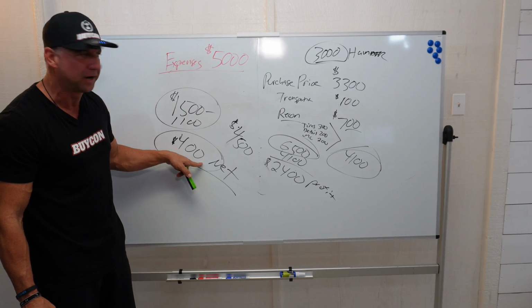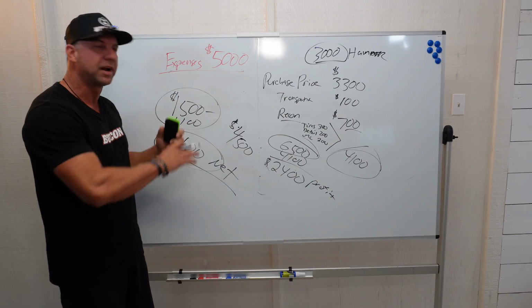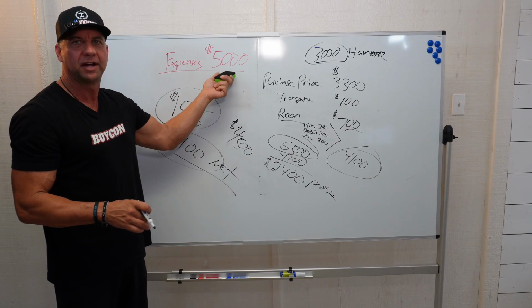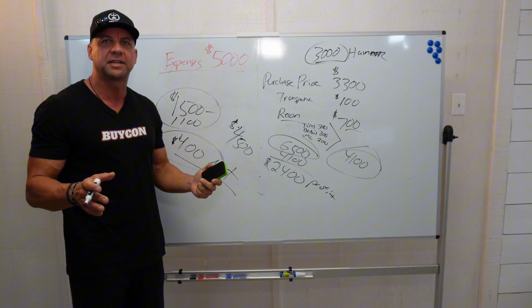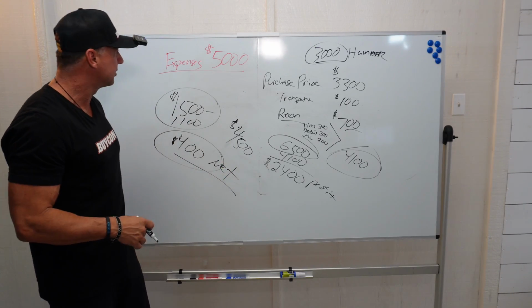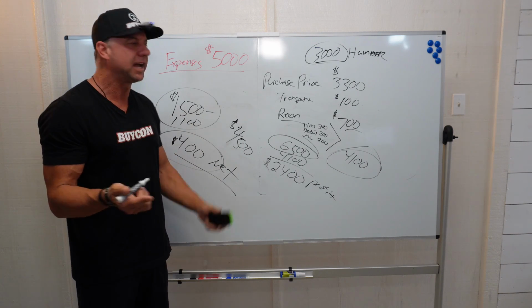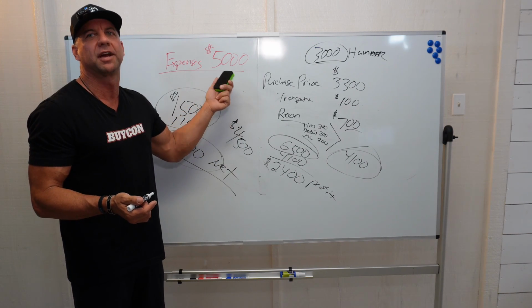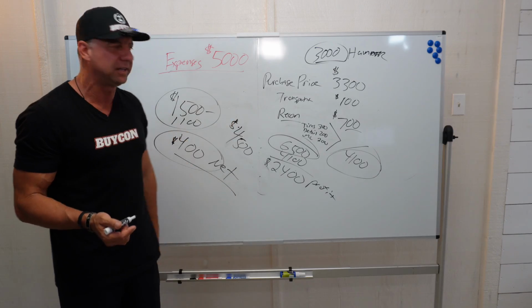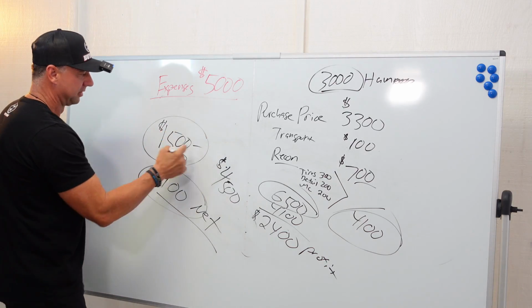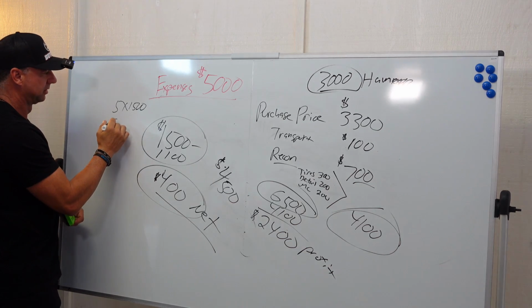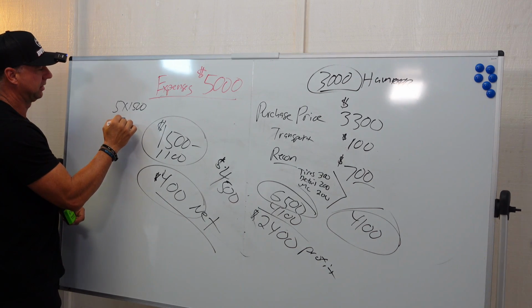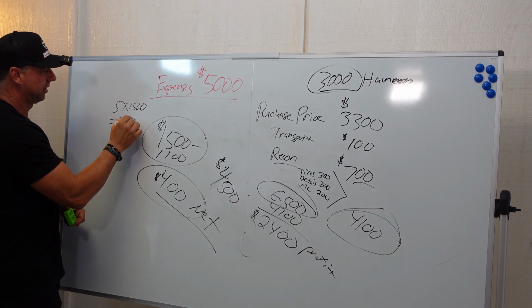So remember, when I first started this, our overhead, $5,000 a month, all right? And let's say we're gonna base that off of 5 cars. So remember I said, if we gotta sell 5 cars a month, we gotta make $1,000 a car just to break even. So let's take 5 times 1,500 equals, what is that? 7,500, right?